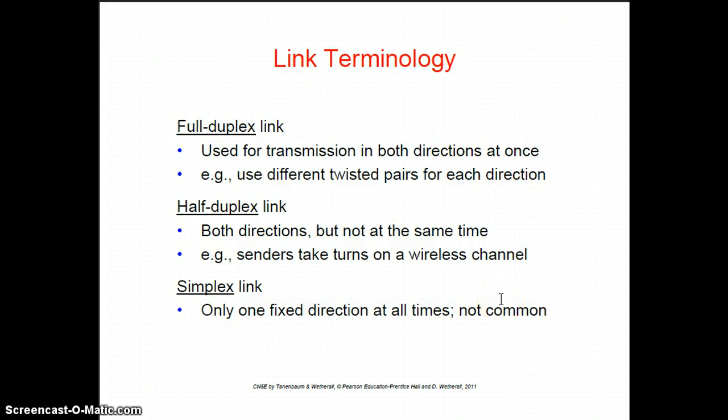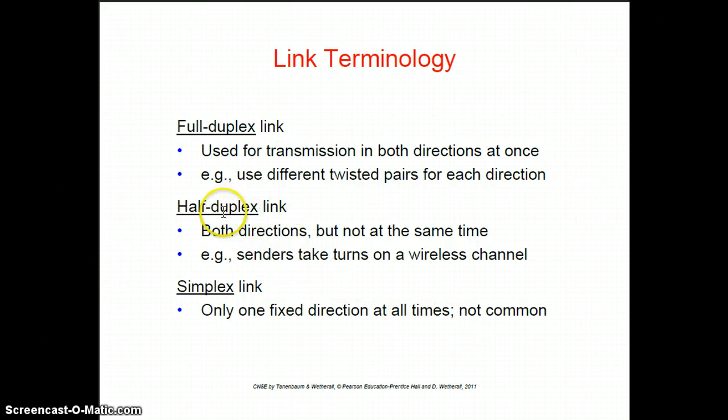It's a transmitter and the receiver only. Looks like the radio transmission, TV transmission. We have a TV transmission station, we have a radio transmission station, then we have the one-way transmission only.